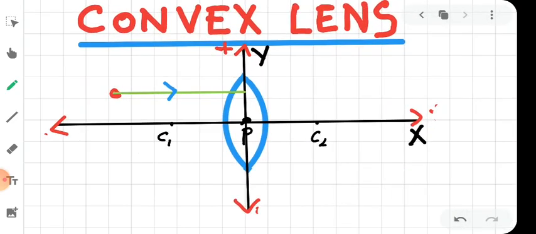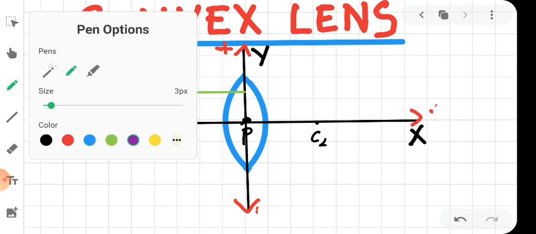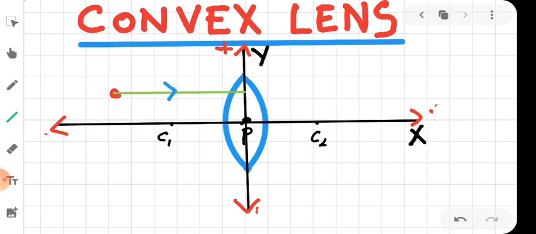What happens to the ray parallel to the principal axis? Any ray traveling parallel to the principal axis will go through to the other side of the convex lens. In particular, I am talking about the convex lens.